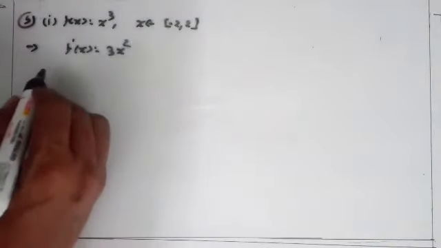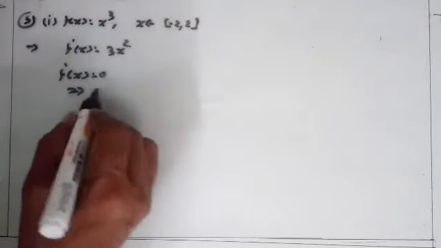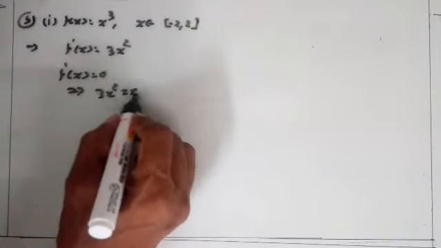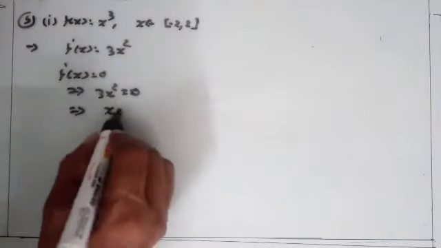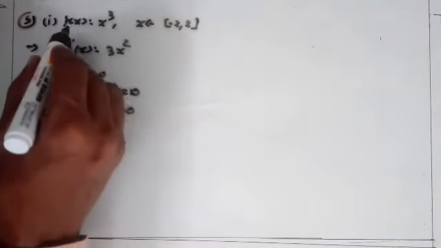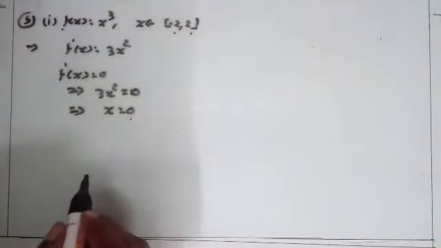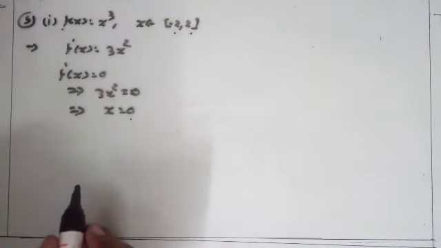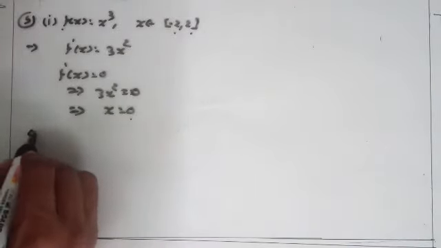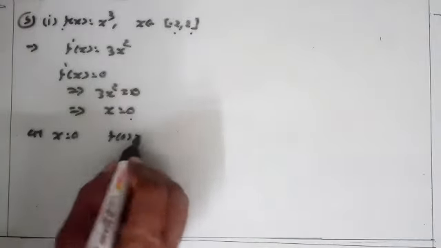Now compare with 0, so f dash x is equal to 0 implies 3x square is equal to 0, which implies x is equal to 0. Now we get the value of the function at 0, minus 2 and 2, and comparing we get the absolute maximum and minimum values. Clear? So at x equal to 0, f of 0 is equal to 0.